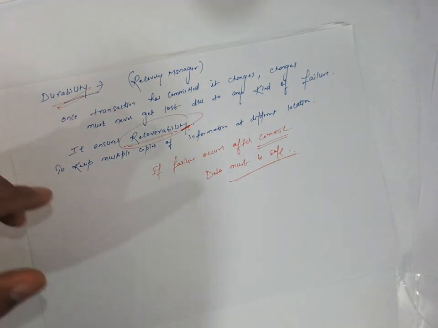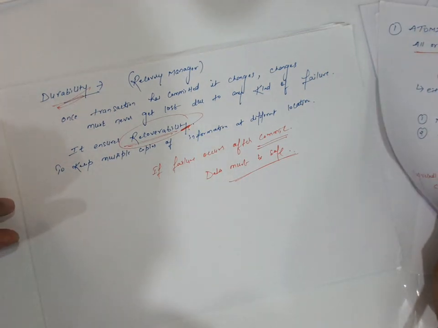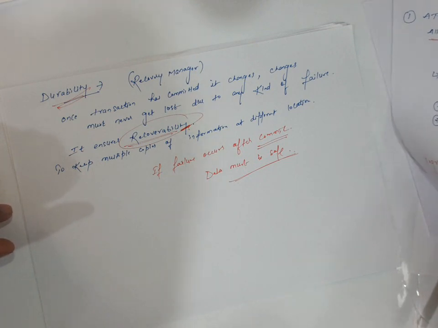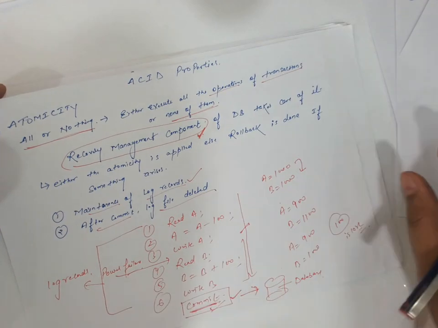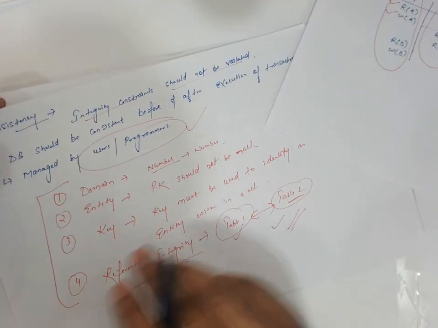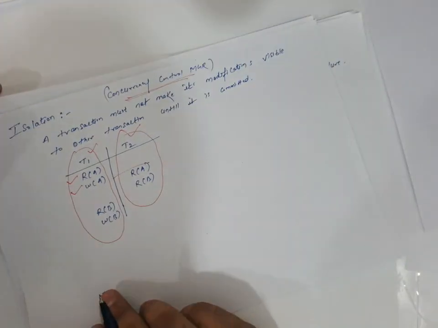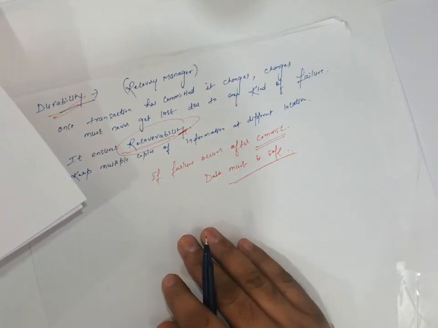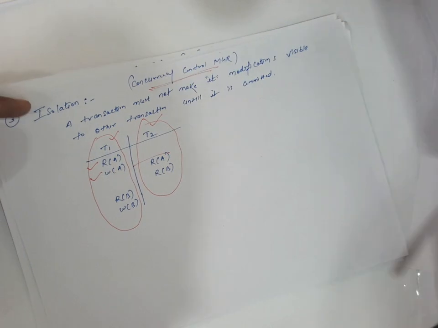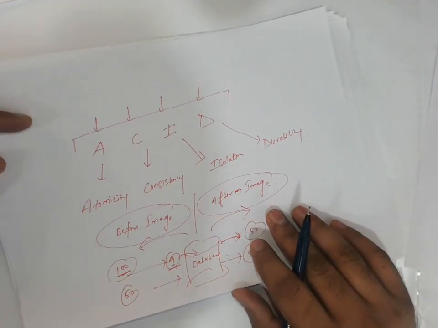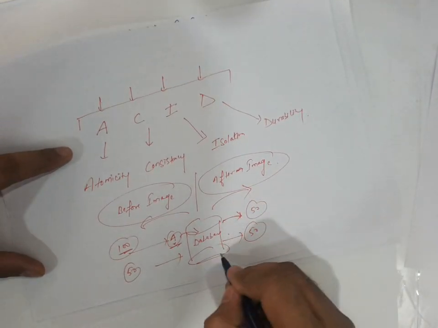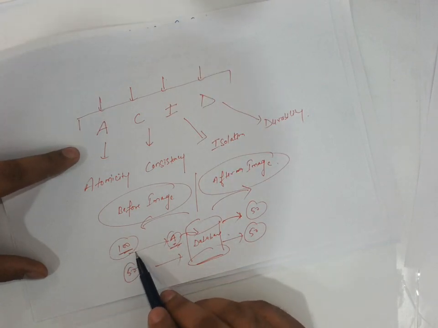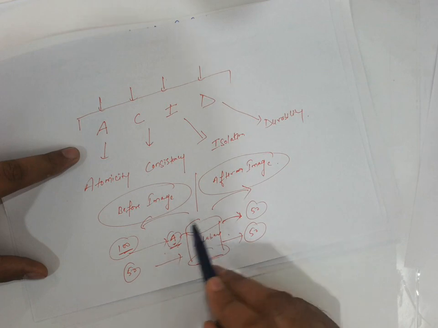So we have covered today the basics of transactions: what a transaction is and what the different properties are. The very first property is atomicity. The second property is consistency, the third property is isolation, and the fourth, last and very important property is durability. We should keep in mind that whatever we change in a database, the amount or number or any value should be consistent before and after.